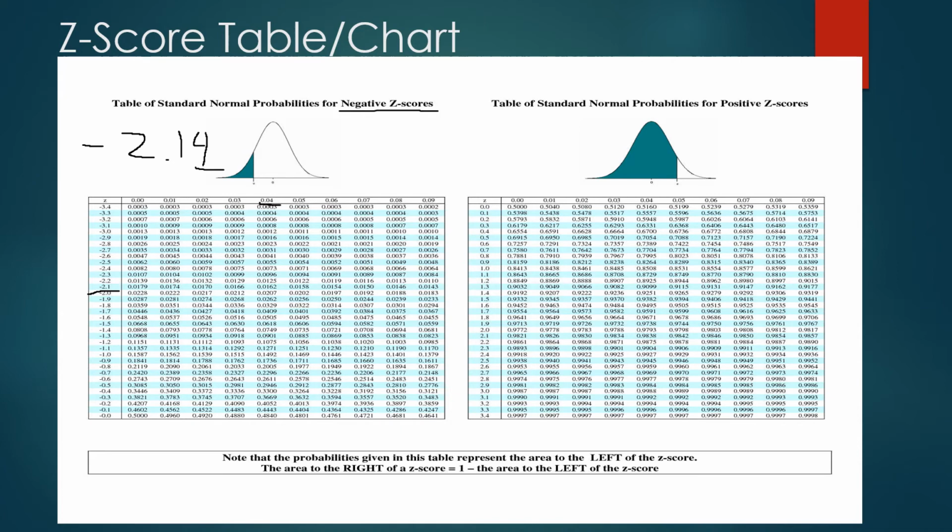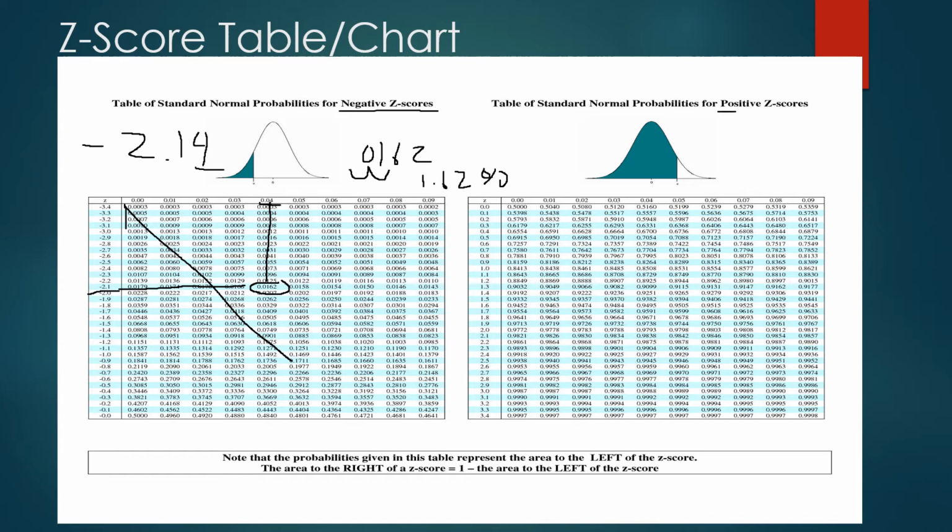It's right here. You connect to this value, which equals 0.0162. If you wanted to find the percentage from the decimal, you move the decimal point over 2 times and it would be 1.62%, because all these values represent percentages.